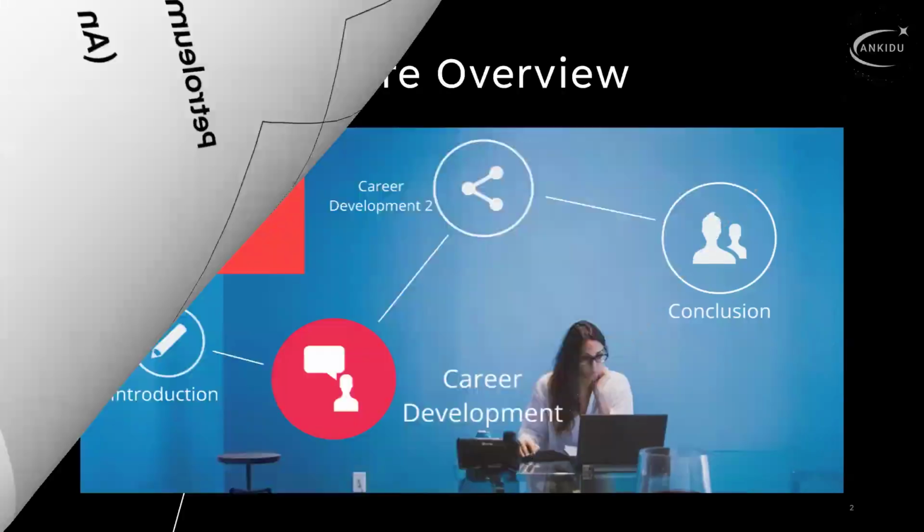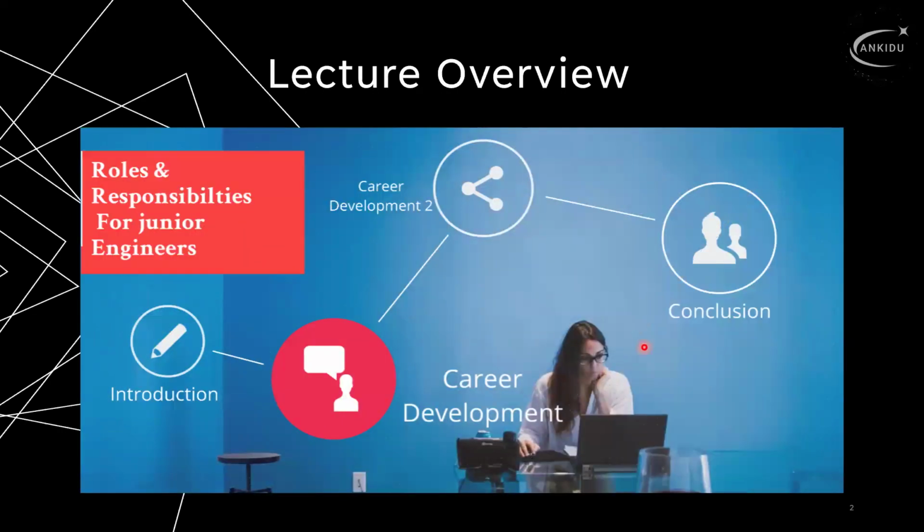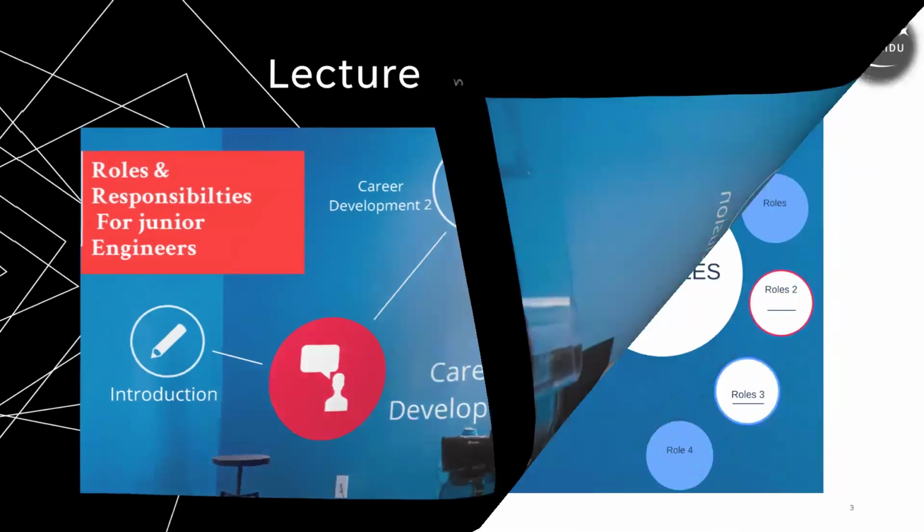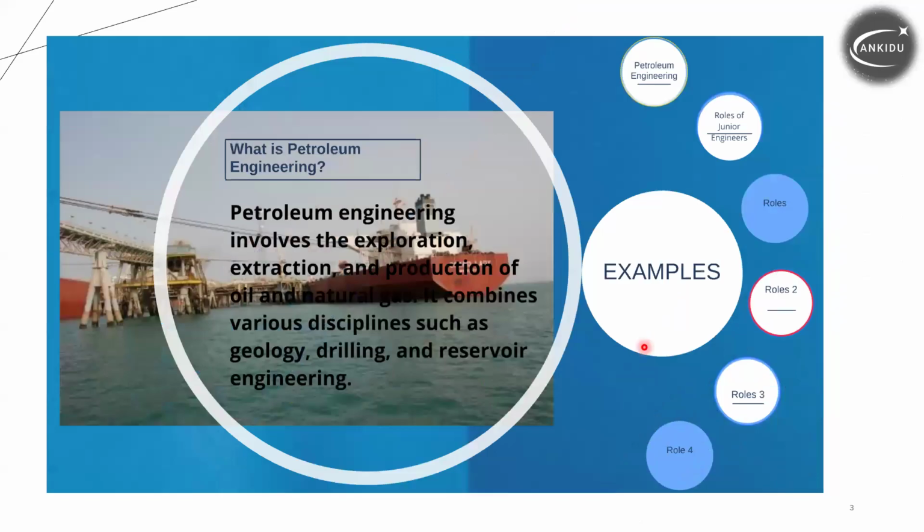So hopefully you will enjoy this webinar. Let's start with roles and responsibilities for junior engineers. We all know petroleum engineering. What is petroleum engineering? In brief, petroleum engineering involves all the exploration, extraction, and production operations.